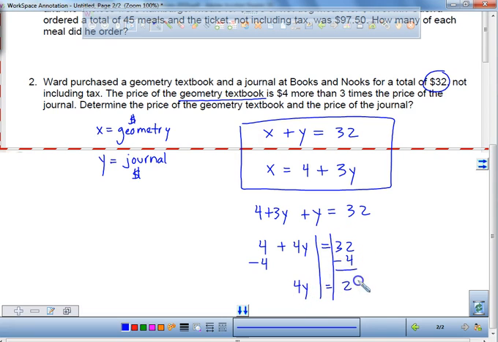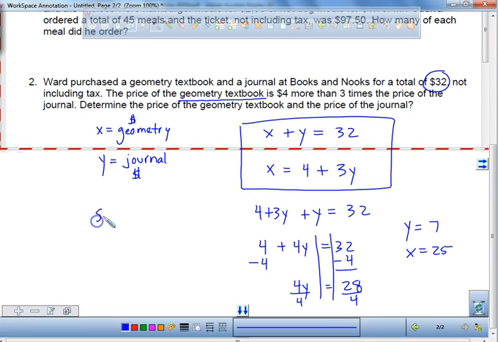32 minus 4 is 28. If you divide both sides by 4, you get y is equal to 7. So if y is equal to 7, then x has to equal 25. Why? Because 7 plus 25 is 32.